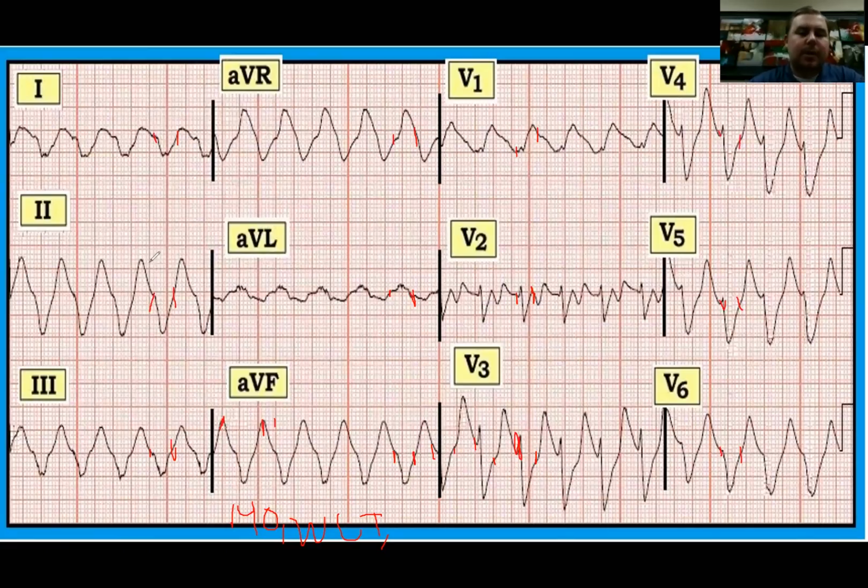So we go back to our axis determination. We find our isoelectric lead, which is AVL. AVL sits at -30. We look for the most positive lead, which is AVR, which sits at -150, or 210, or whatever.